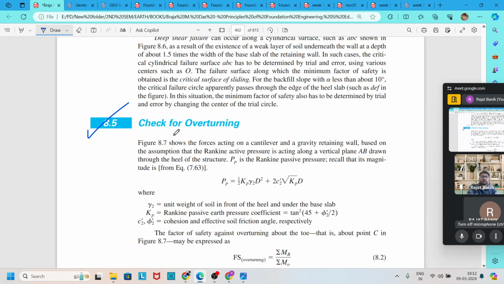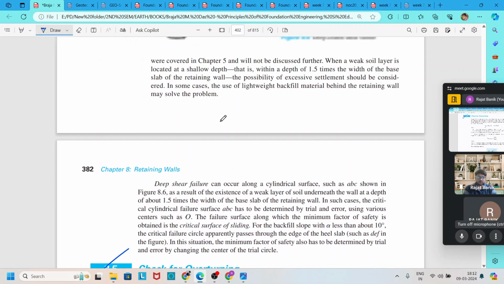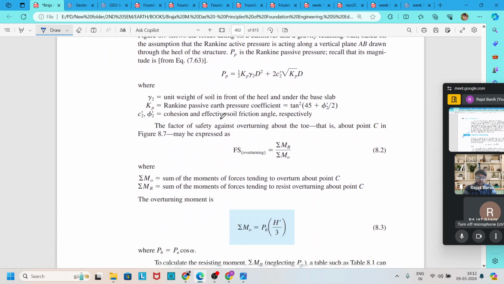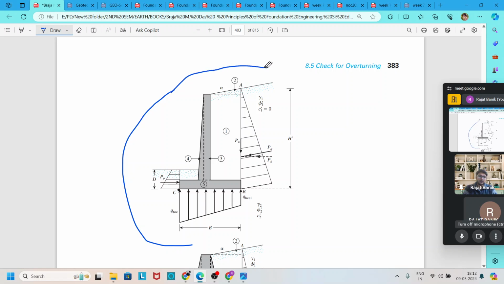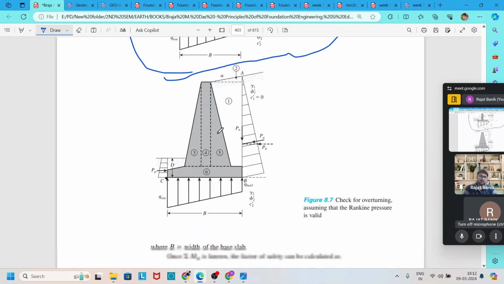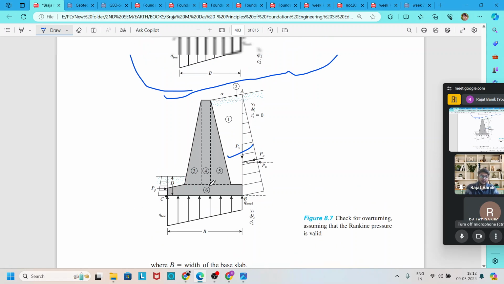For overturning, we need to find the overturning moment, and before finding it, we have to follow this figure. Here we see all the forces given on the retaining wall. This is a cantilever retaining wall, the earth retaining wall, we can say.